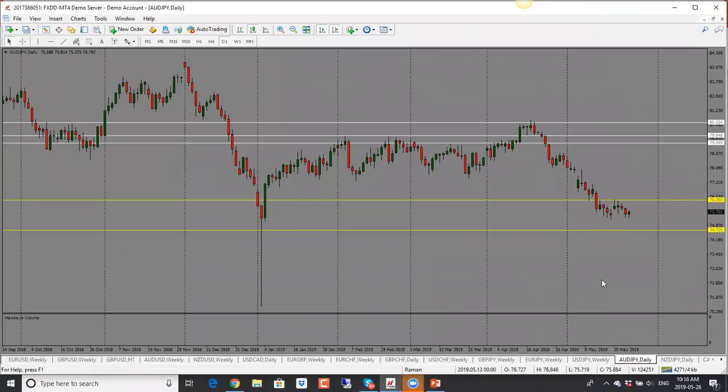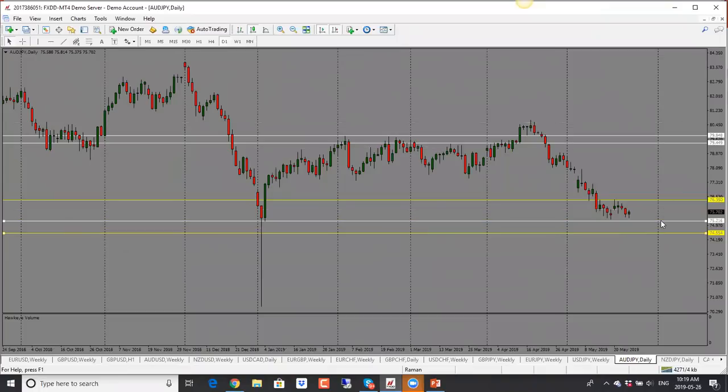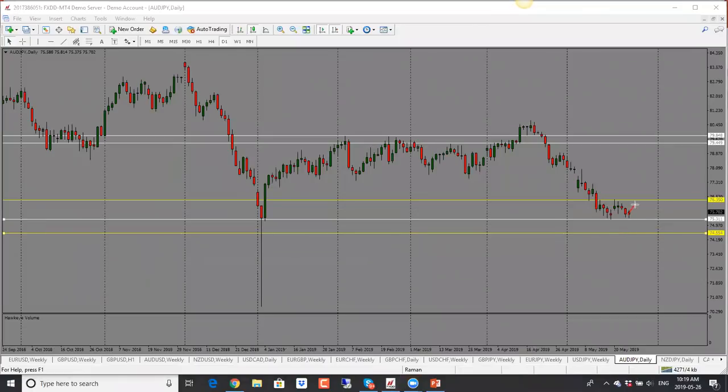Aussie yen, this one has been stuck in this range for the entire week. Okay, as we can see, price has been right in that range, going back and forth, very, very small move here. So right now it's into the bottom of the range. I will look for it to go towards the top of the range and then come back down again. So this is what I'm looking for.